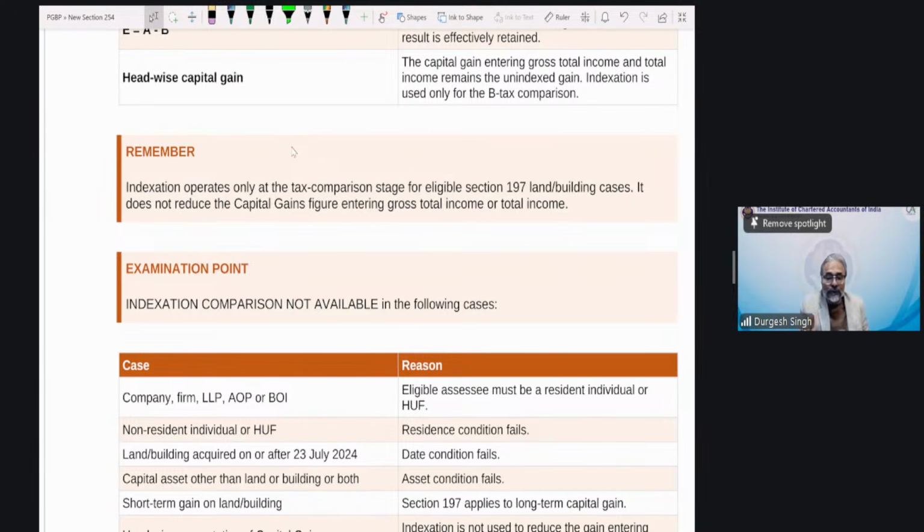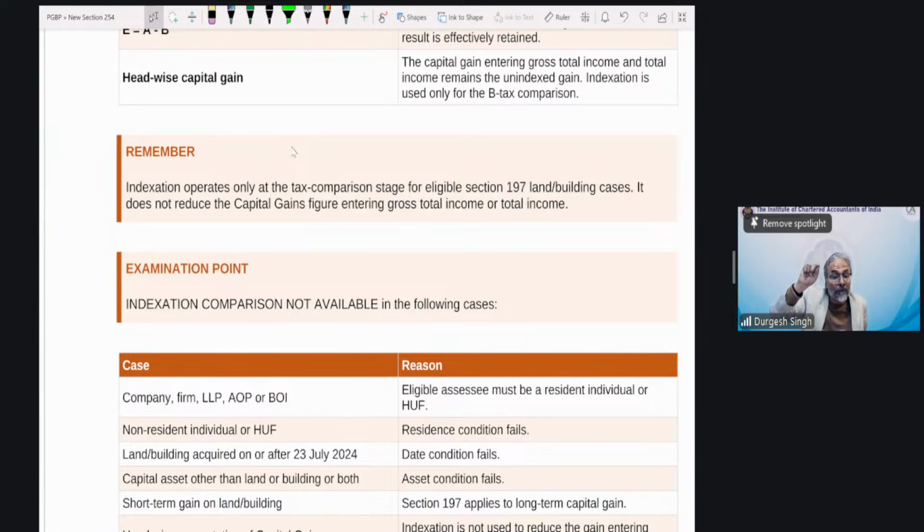My question to all of you students is this: in my computation of total income, the tax liability is the second step. The first step is total income computation. In my capital gains, will I show the indexed capital gain or without indexed capital gain?